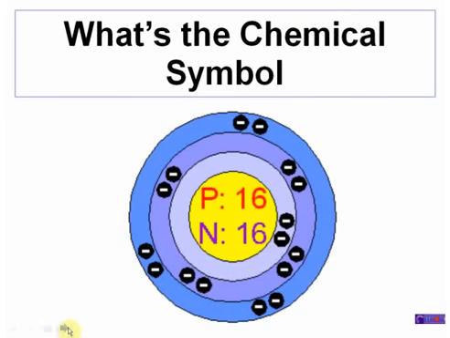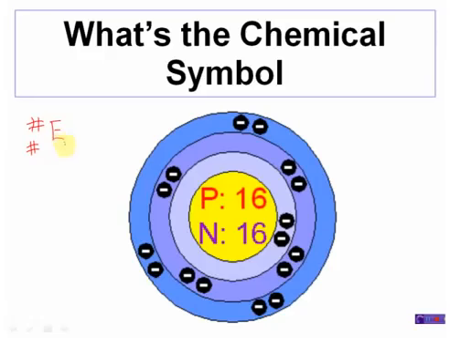Okay, let's write a chemical symbol here. I'm telling you in the nucleus, the number of protons is 16. The number of neutrons is 16 as well. So here we go. I do know in writing from the previous slide that my answer is going to have this kind of appearance: a number over another number followed by an element symbol.